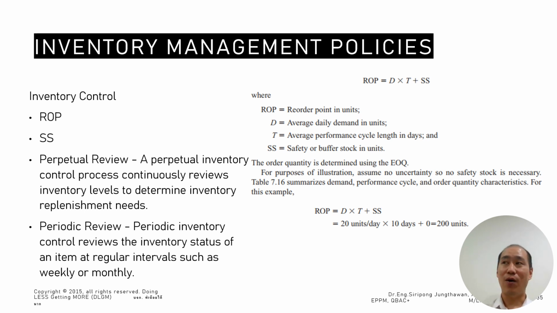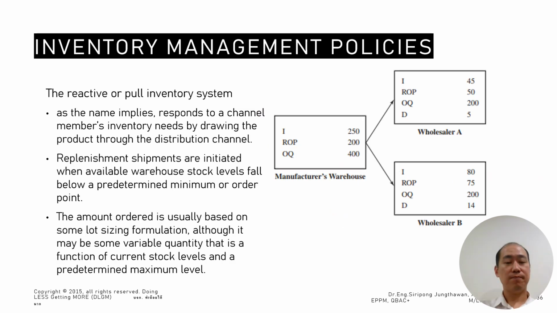So you have to know about quantity and times, fixed quantity or fixed times. Periodic review means you review your inventory by time, a month or a week. Periodic inventory control reviews the inventory status for an item at regular intervals such as weekly or monthly. That's the idea of how we use inventory management policies, by time or by quantities.